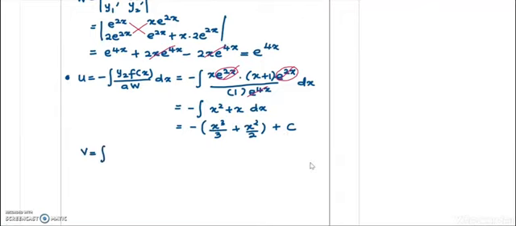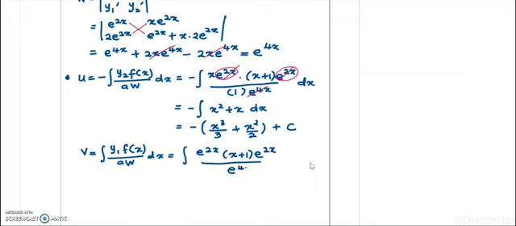Now move to our v. v is the integral of y1 f(x) over aW dx. Similarly, we have the integral of y1, which is e^(2x), and f(x) is again (x + 1)e^(2x), over a is 1, W is e^(4x).